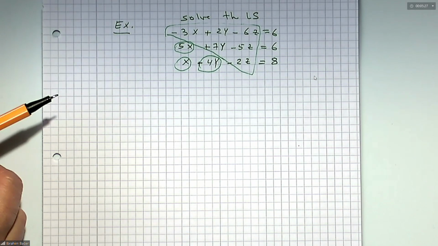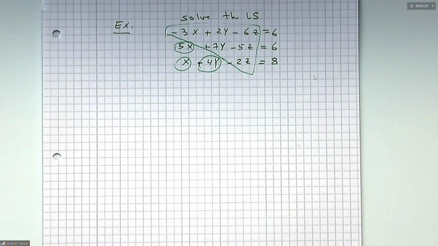Okay, now let's start with the first step, which is eliminating one of the circled values or terms. So what I'm going to do here is I'm going to eliminate this.